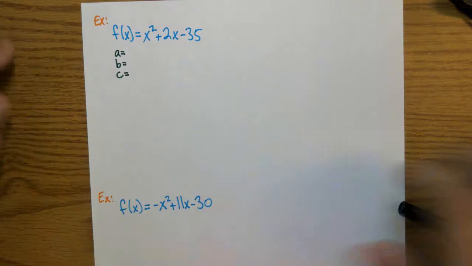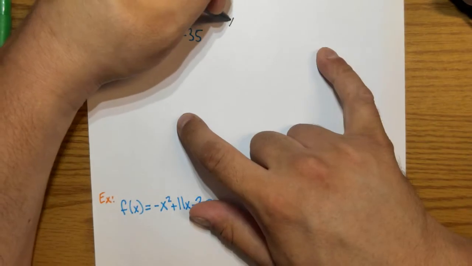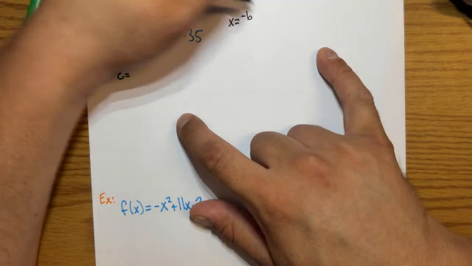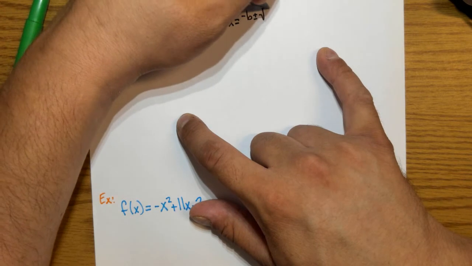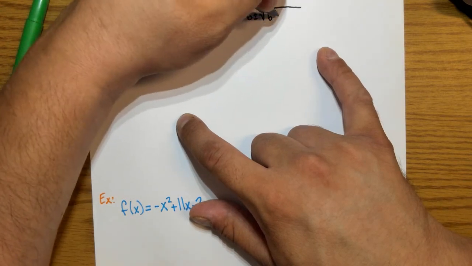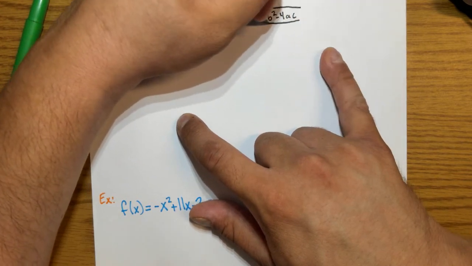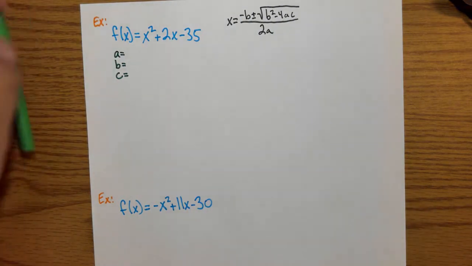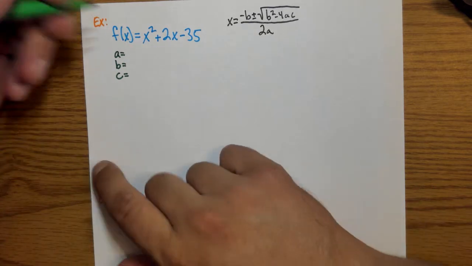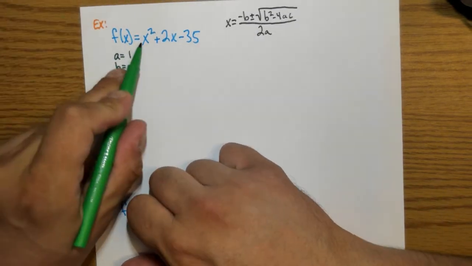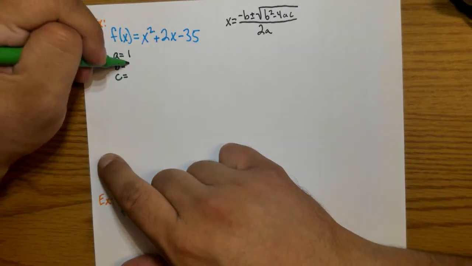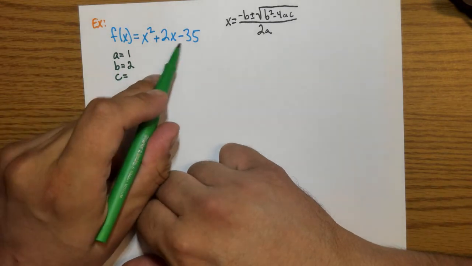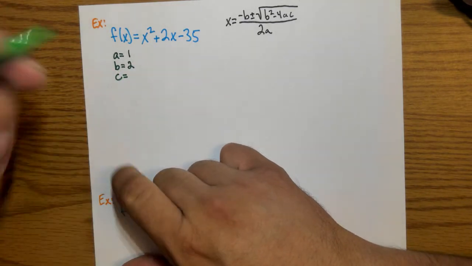And I'm going to go ahead and rewrite the quadratic formula up here for us, just so we have it in view. Our a is the coefficient of the x squared term, so in this case it's 1. b is the coefficient of the x term, so it's 2. And c is the constant, which is negative 35.